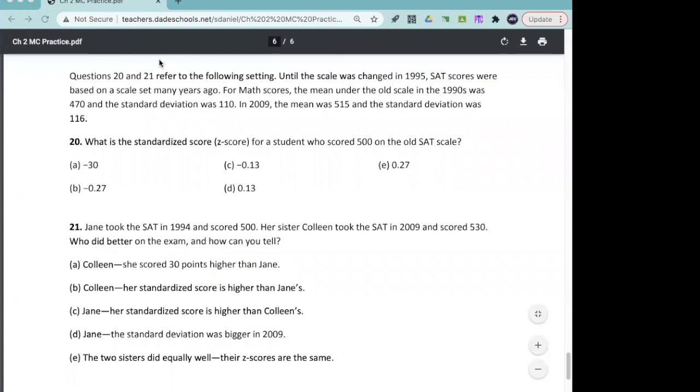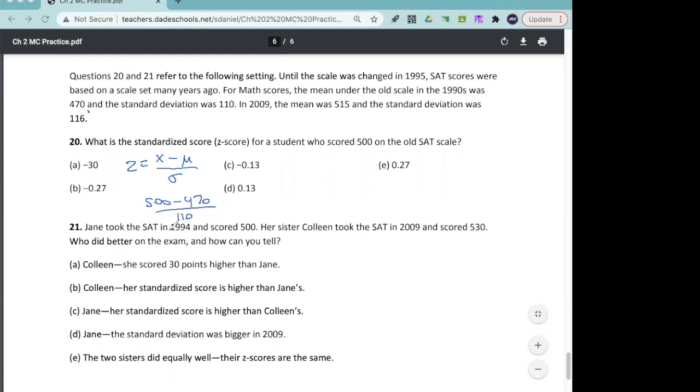Anyway, so the standard score for 500, so you have the standard deviation. This is just that same z equals x minus the mean over sigma. So it'll be 500 minus the mean for the old SAT of 470 over the standard deviation of 110.